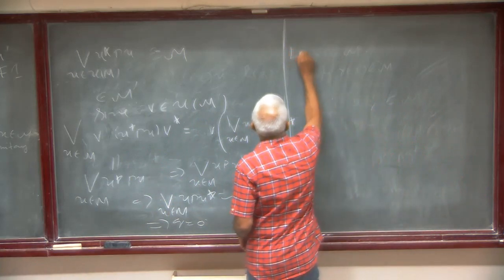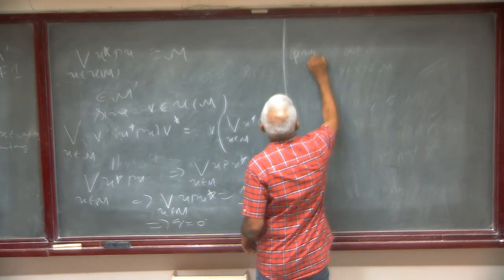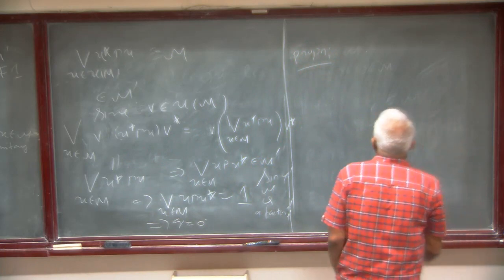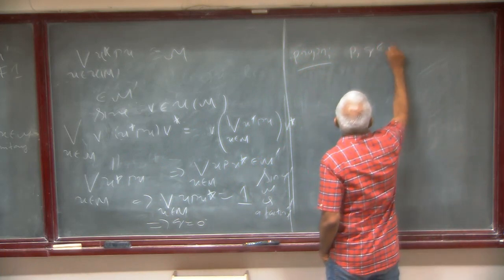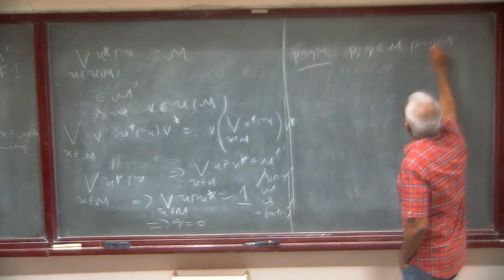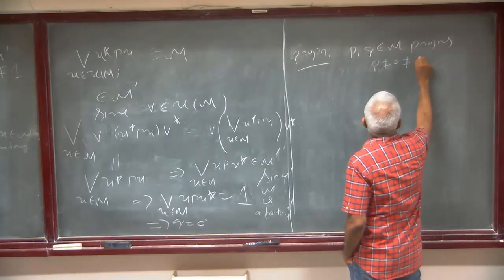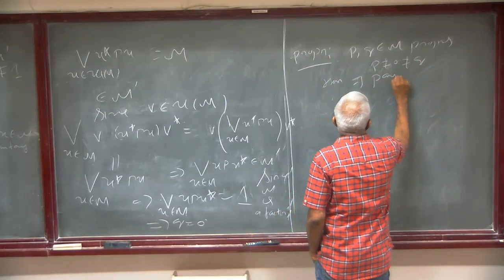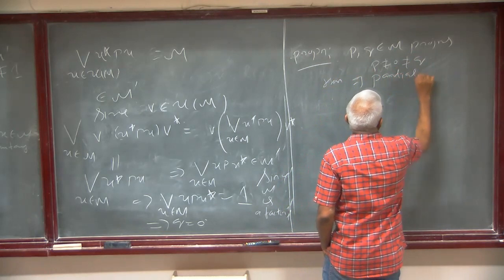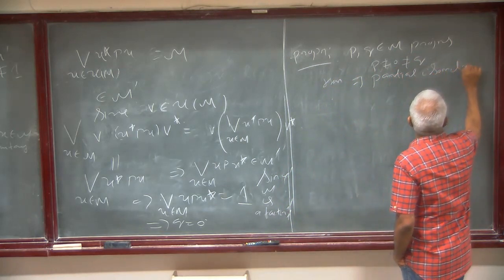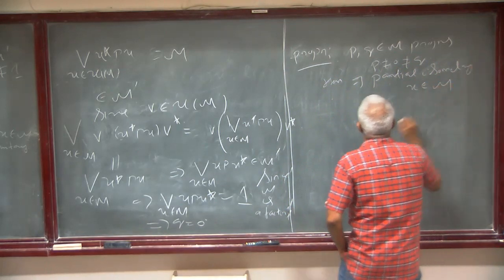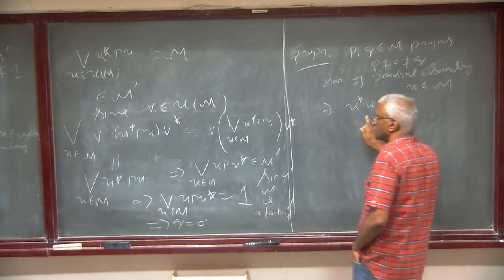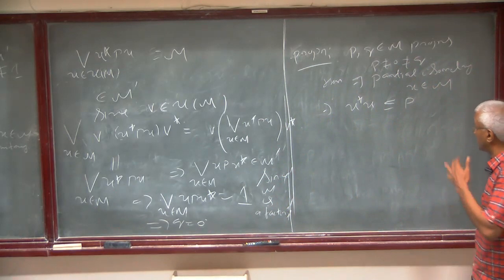Now another lemma or proposition. This can be called a proposition. P and Q are projections in M, and P not equal to 0, Q not equal to 0. Then there exists a partial isometry U in M such that U star U is a projection less than or equal to P. That's what partial isometry means.